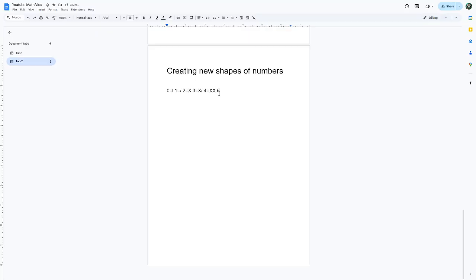5, you could probably know what's next. 5 is equal to x dab. Okay, I'm gonna change this up a little.